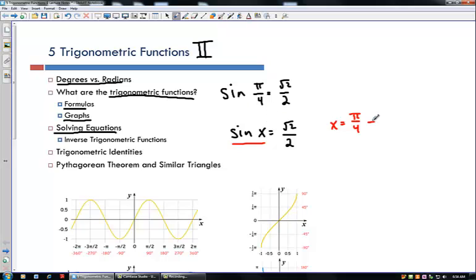You can add any multiple of 2 pi. So we'll have 2 pi in here. We'll also see that 3 pi over 4 is also a solution, plus 2 pi n, where n is an integer. So we'll write that as n is an element of z.